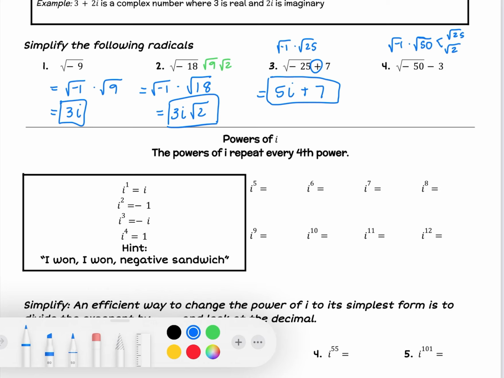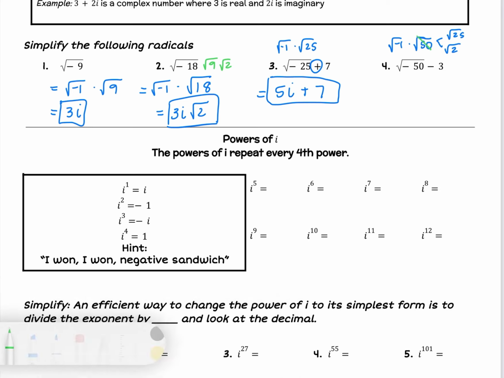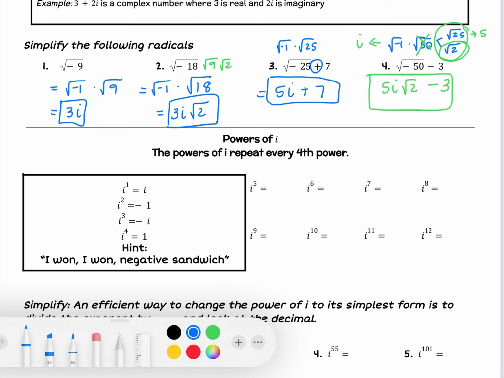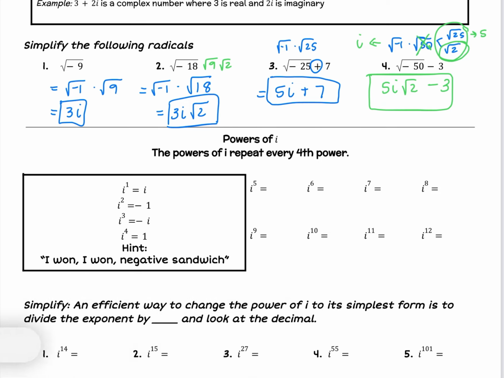The square root of 25 is 5, the square root of negative 1 is i, and we just have a square root of 2 left over. So we would have 5i square root 2 minus 3 as our final answer. That's pretty straightforward. Whenever you see a negative, know that it means we have to pull out an i.